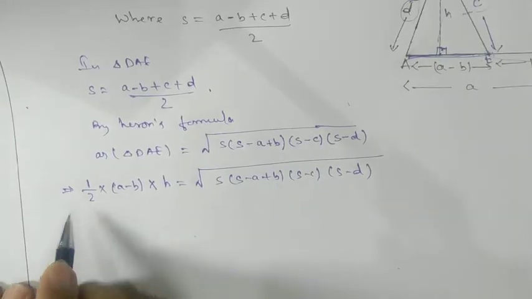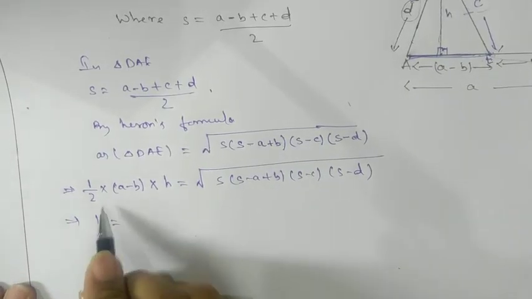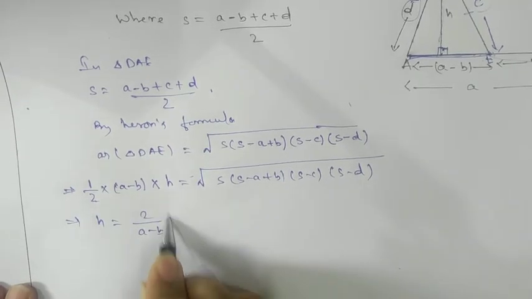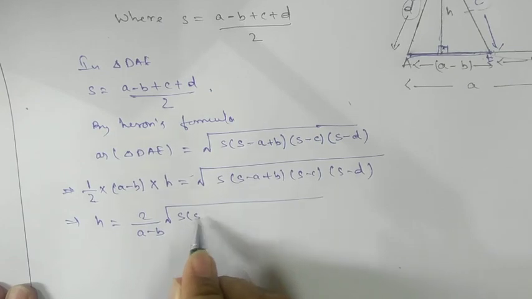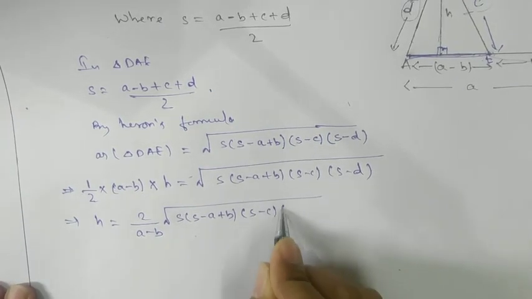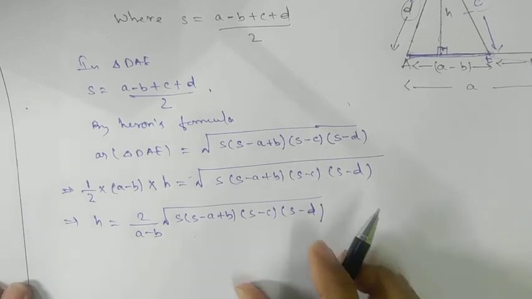So now h can be written, cross multiplying, as 2 by (a minus b) root over s into (s minus a plus b), (s minus c), (s minus d).